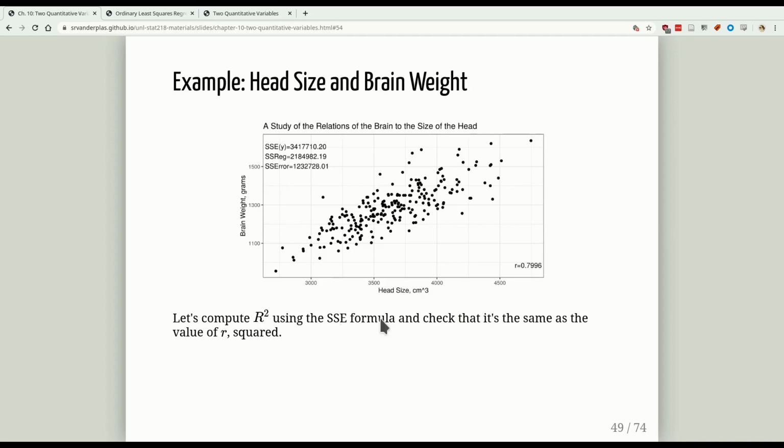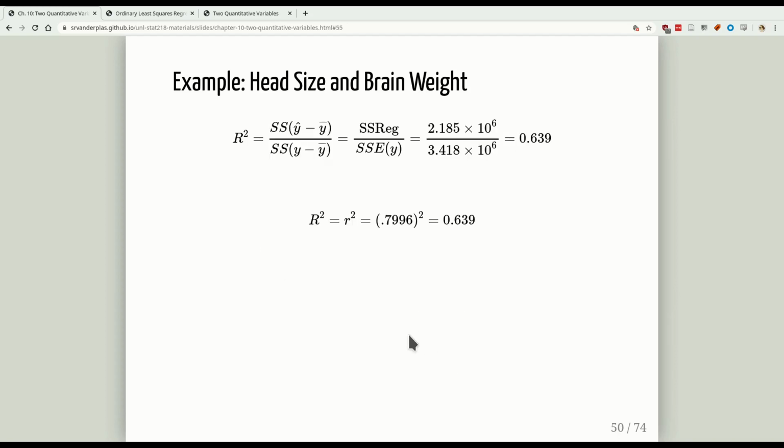Then we can check that it's the same as 0.7996 squared, just to make sure the math checks out. So r squared is the sums of squares of the regression, SS reg, divided by the total sums of squares of all of the variability in y.